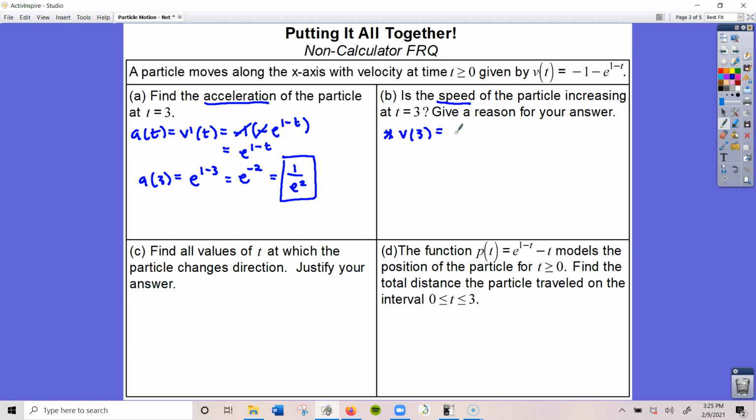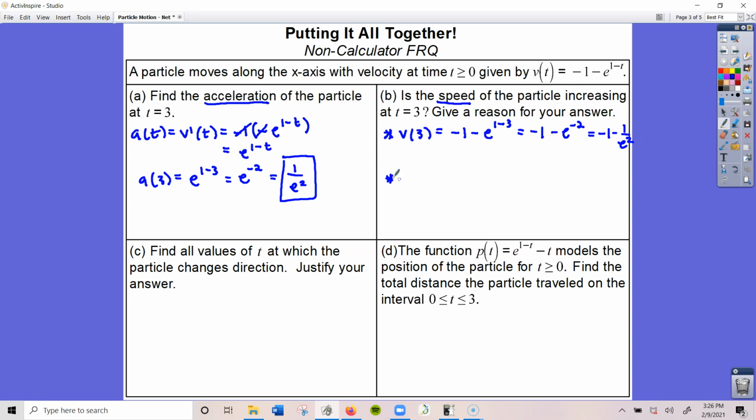So if I plug that in, I get negative 1 minus e raised to the 1 minus 3, which is equal to negative 1 minus e to the negative 2, which again is equal to negative 1 minus 1 over e squared. Now, no matter which way you look at it, this is a negative number because we have negative 1 and then we're subtracting this fraction.